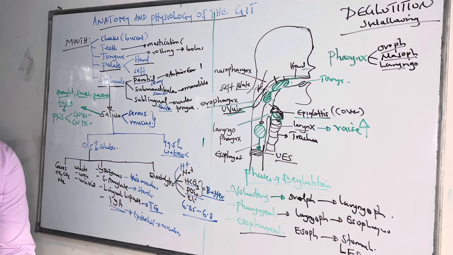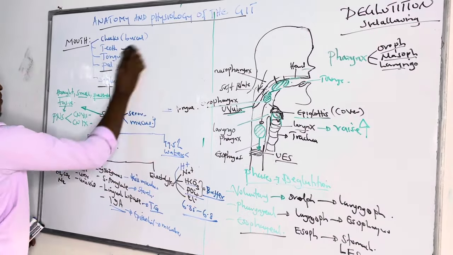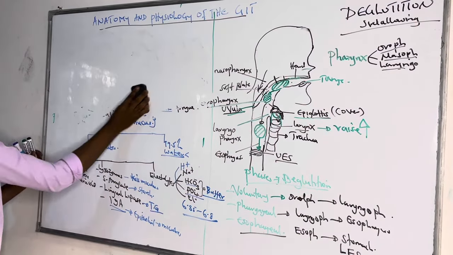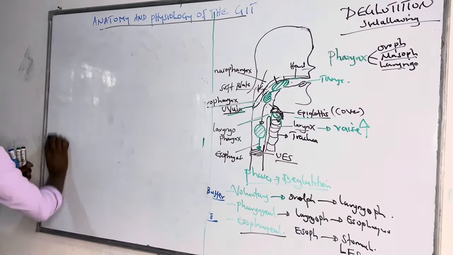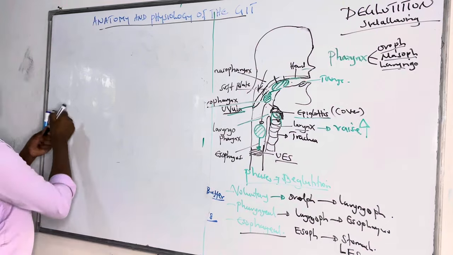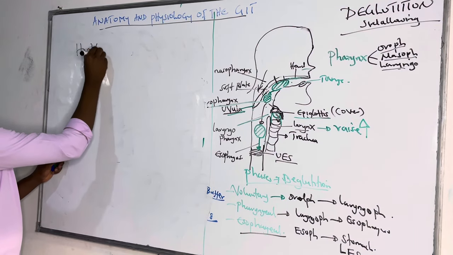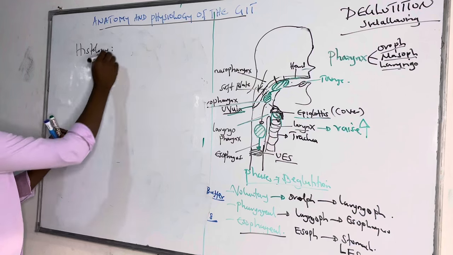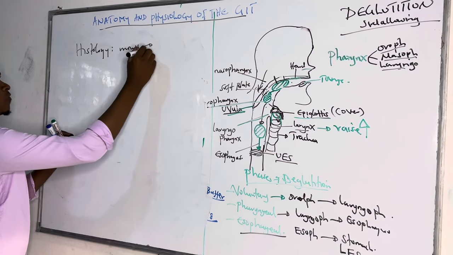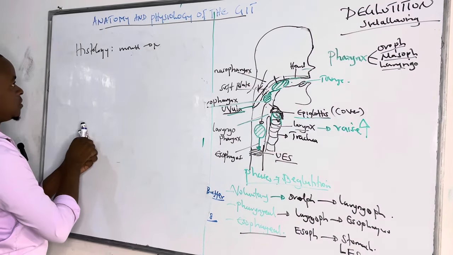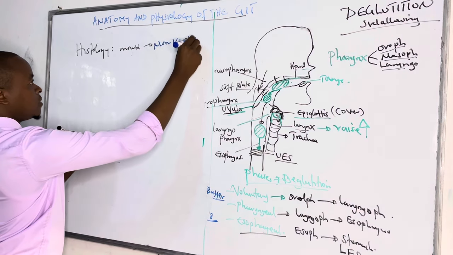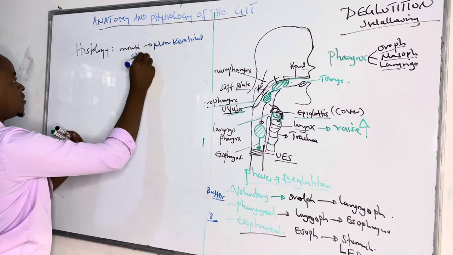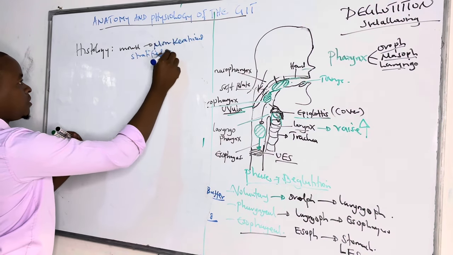But as we move on, under anatomy, we still normally discuss histology. Histology in the mouth is made up of non-keratinized stratified squamous epithelia.